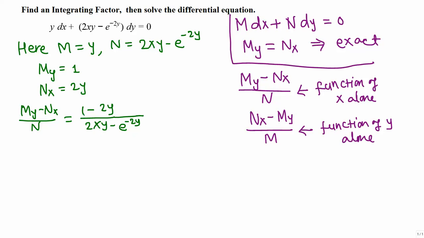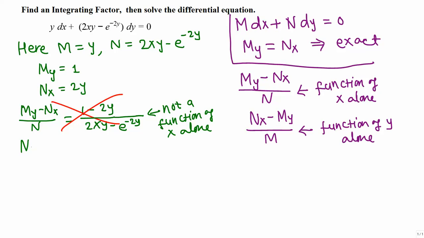There is no way we can cancel 1 minus 2y, especially 2y and e to the negative 2y from top and bottom. So this is not a function of x alone. So this failed. We discard this and go for the second.